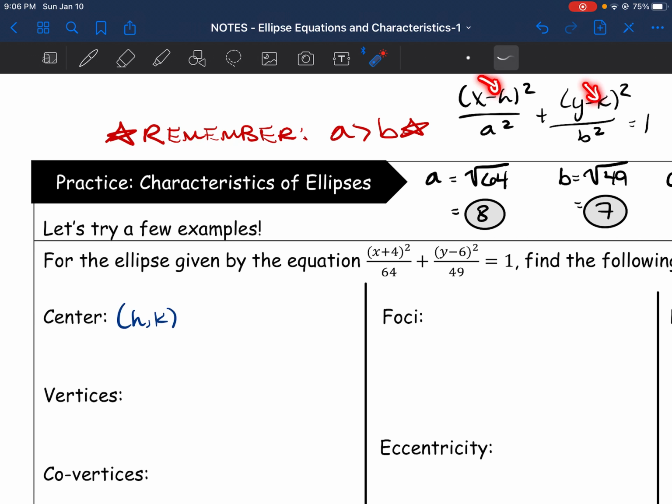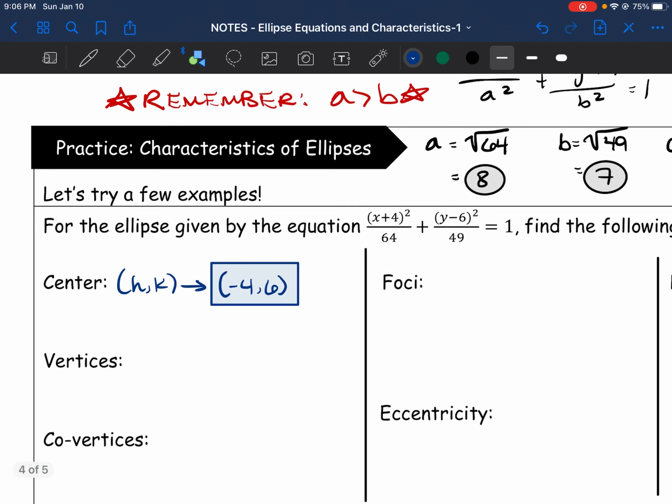So h and k are the coordinates of the center. Remember, we have to change their signs because they have negative signs in front of them. So looking at our equation here, we should have a center of -4, 6. All right, so in standard form, center is very easy to pick out.